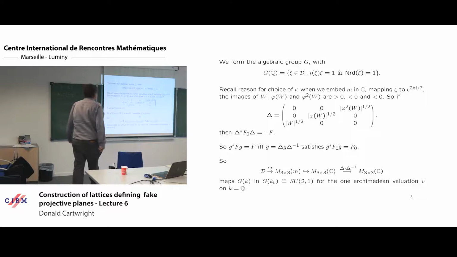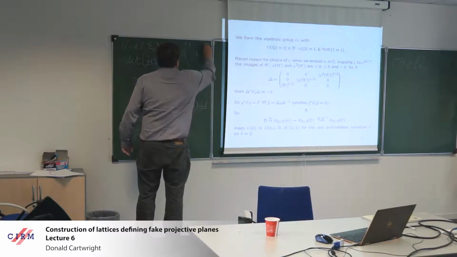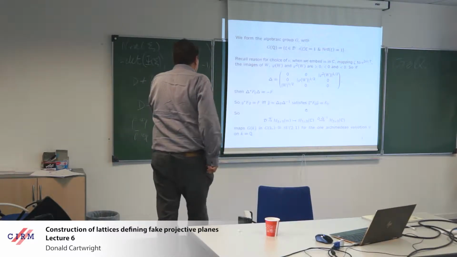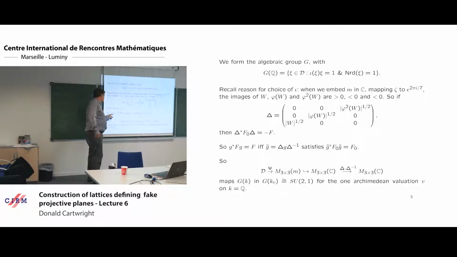Anti-diagonal. Okay, and with that, because of that, it's got this property where, remember, F0 is what I call this matrix. And so a matrix G is unitary with respect to F if and only if its conjugate by delta is unitary with respect to F0.